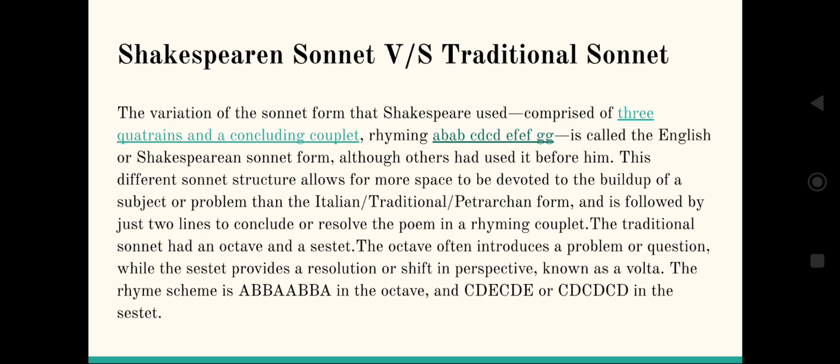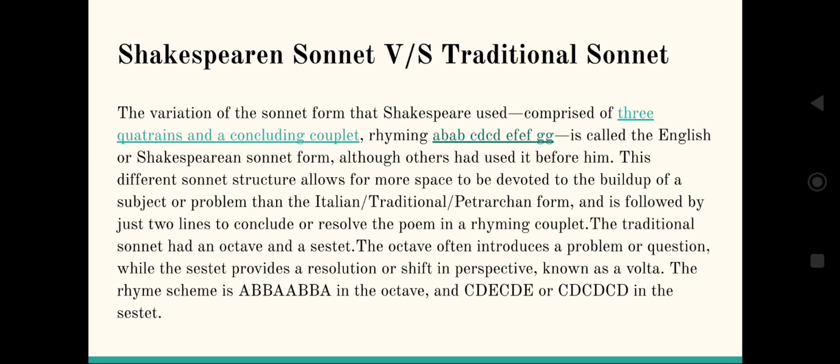So let me tell you first of all what a sonnet is. A sonnet is a 14-line song or poem. It's always 14 lines and only 14 lines. You can make changes in the stanzas, but it's of 14 lines only. And this is what Shakespeare did. What did he do?